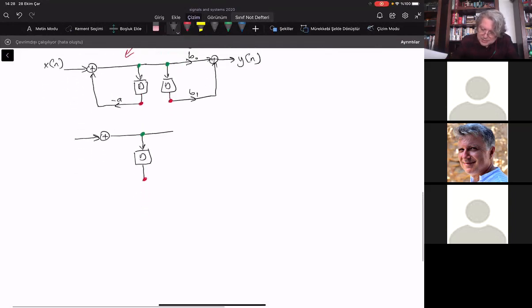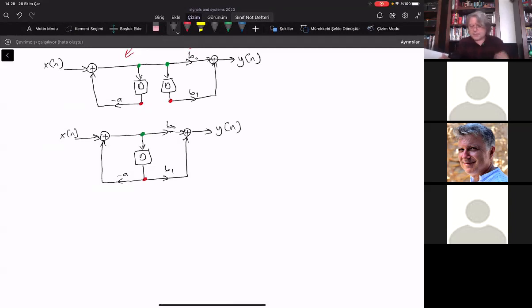And then I go to the left-hand side from this red point and multiply it with minus a and add it to the input x of n. And I go to the right-hand side from this red point and multiply it with B1 and add the results to obtain y of n.